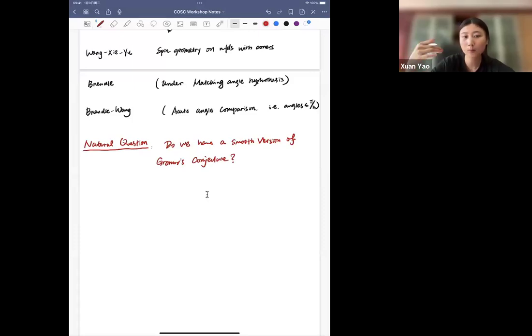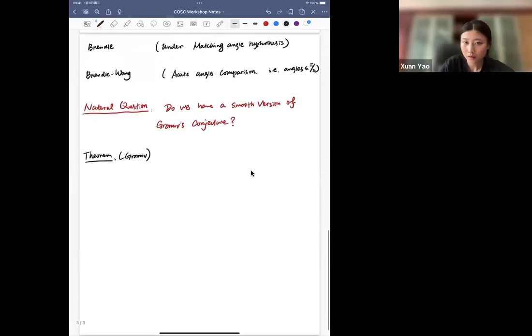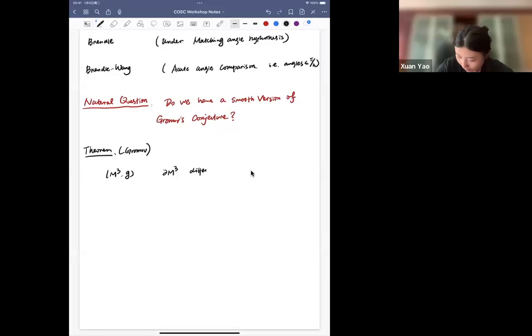Actually, Gromov proved the following extremality result for the standard unit ball. It says that M is a three-dimensional compact domain whose boundary is diffeomorphic to a two-sphere.